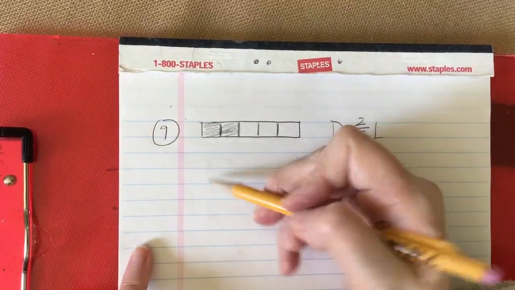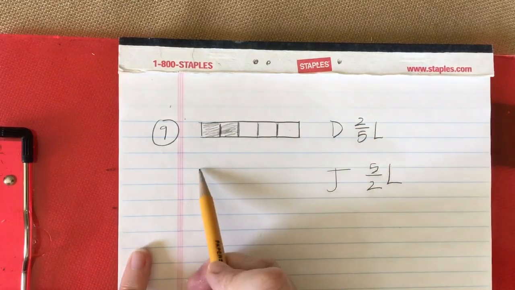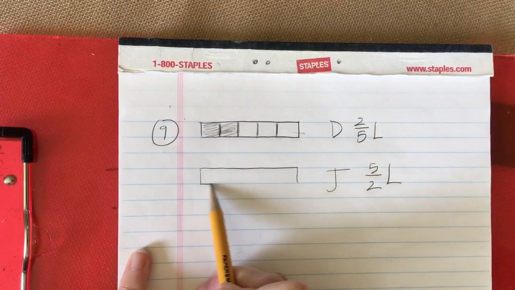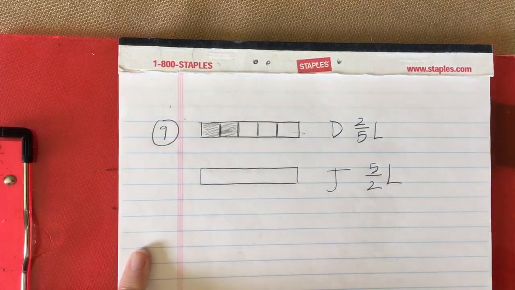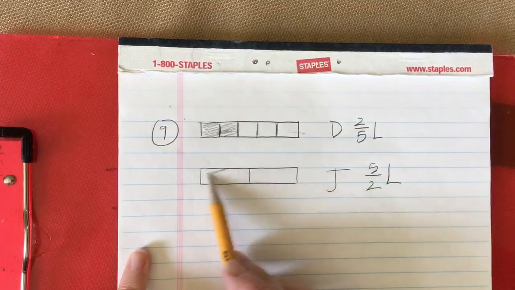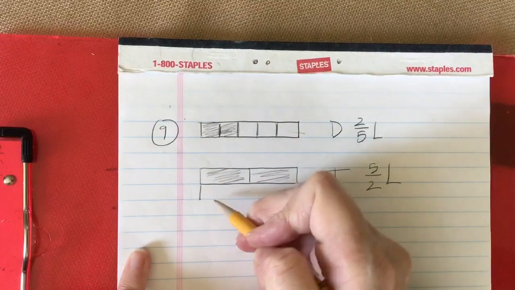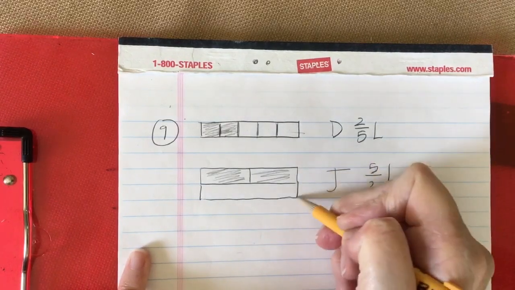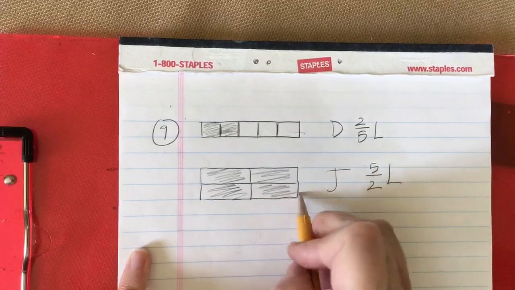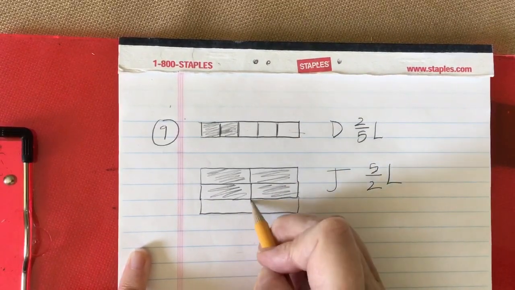So if I were to draw, and remember, it has to be the same size as this one, right? The bars have to be the same. There's 2, 3, 4. Wow, he must have a giant bottle.